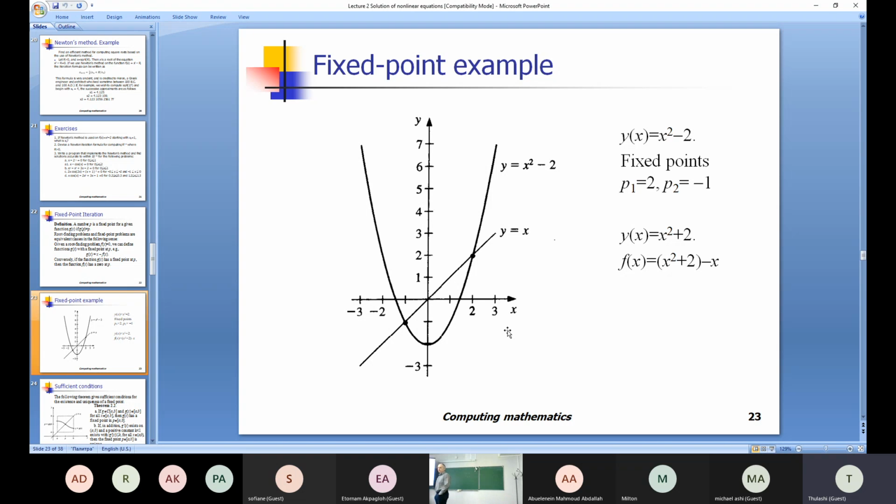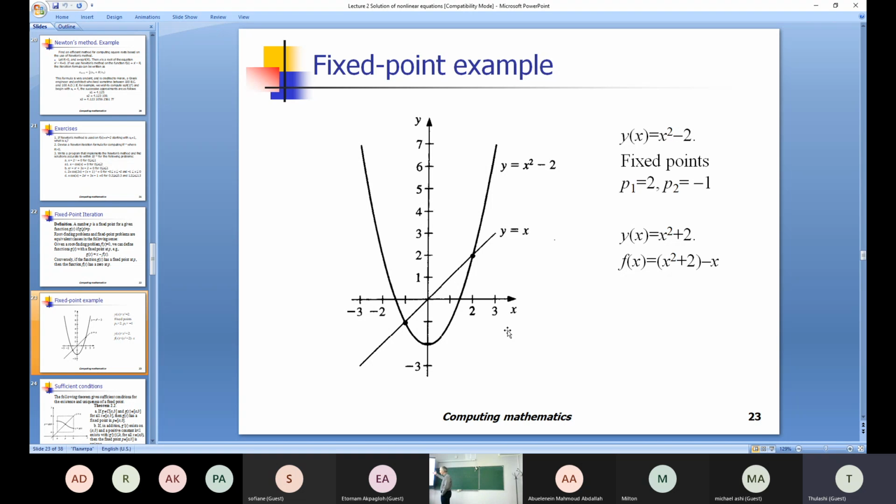On this picture, we see the graph of the function x squared minus 2, and this function has two fixed points. First fixed point p1 equals 2, and the second fixed point is p2 equals minus 1.